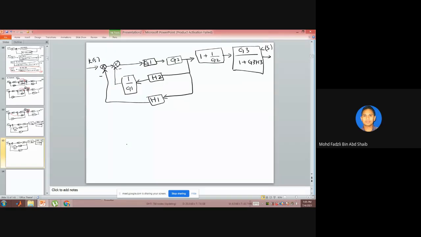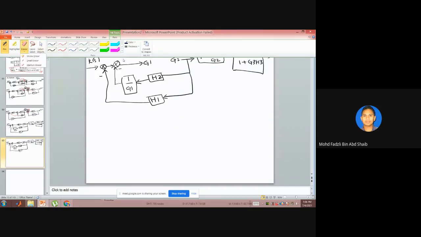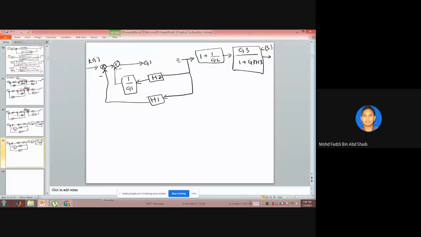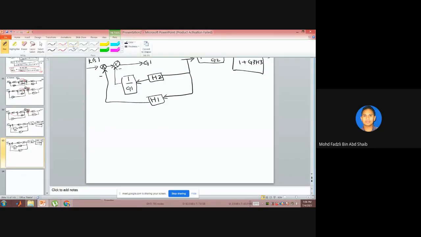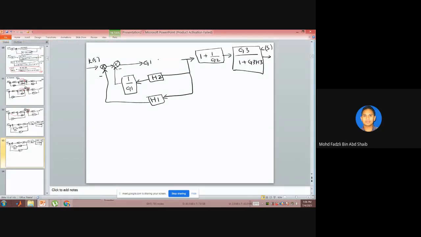Now what we can see here is this can be G1, G2, right? So this is G1, G2. So we combine together this G1, G2.